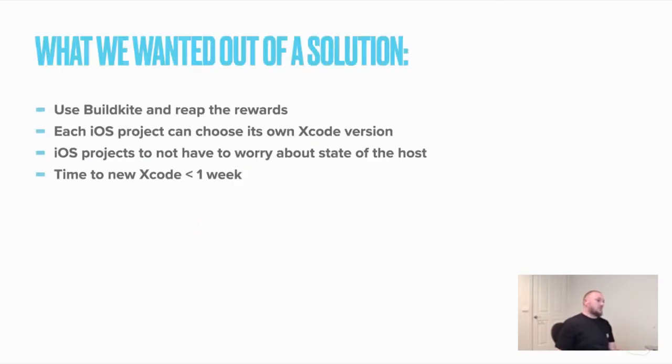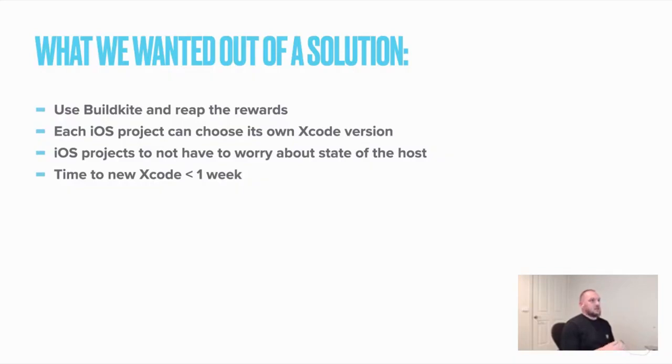So this time last year, we came up with a plan, and what we wanted out of a solution was that we really wanted to leverage everything that the rest of the organization was reaping benefit-wise from Buildkite. So we wanted to use Buildkite for our iOS pipelines.